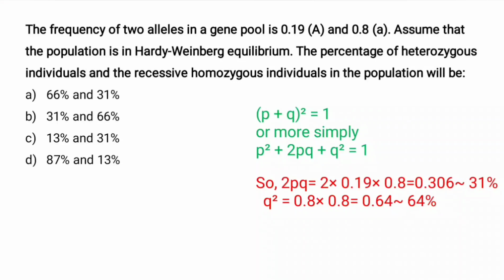Homozygous recessive individuals will be given by Q square and heterozygous individuals by 2PQ. So we will multiply 2 with 0.19 and 0.8 and get about 31% individuals, and for Q square we will square 0.8, we get 0.64, which is 64%, which is approximately equal to 66%. So our correct option will be option B.